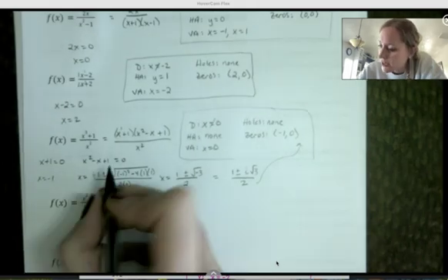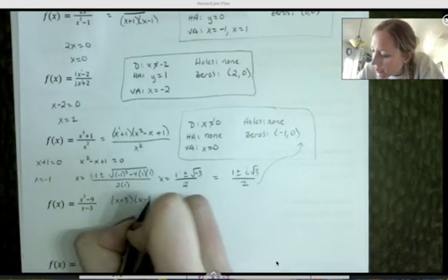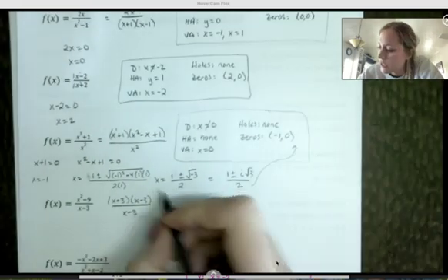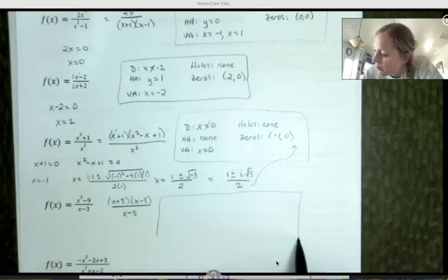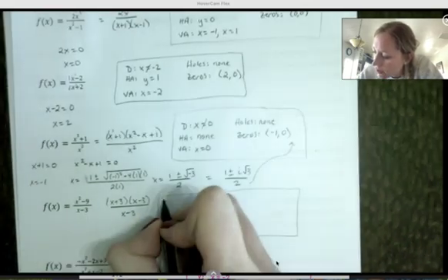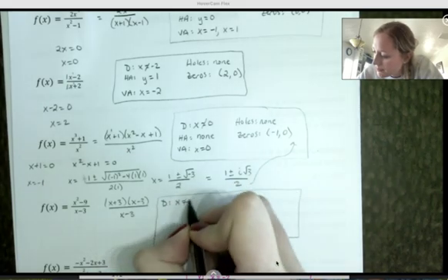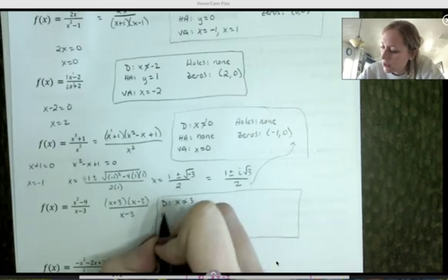Factor my numerator here, so I've got x plus 3, x minus 3 with difference of squares. Okay, so here we are going to get a hole on this one because I do have common factors. So let's write our usual. So I've got domain, x could not equal 3. Horizontal asymptote.